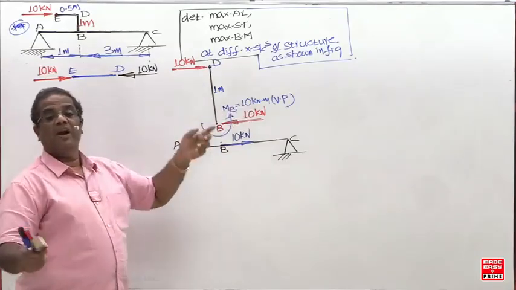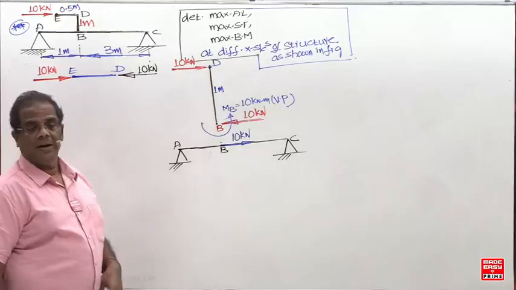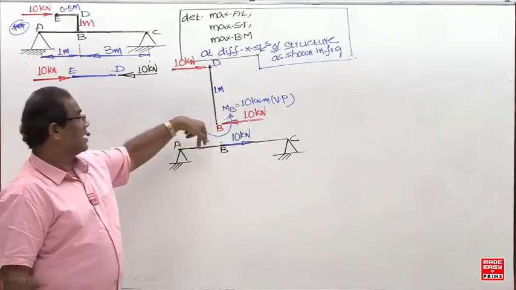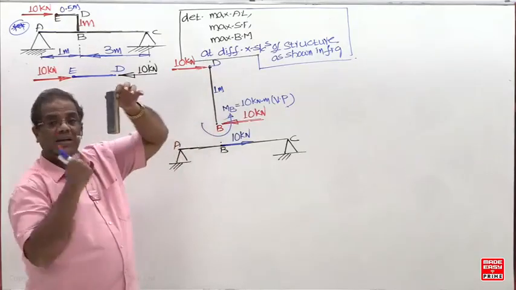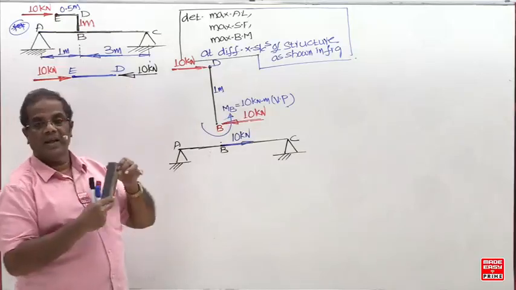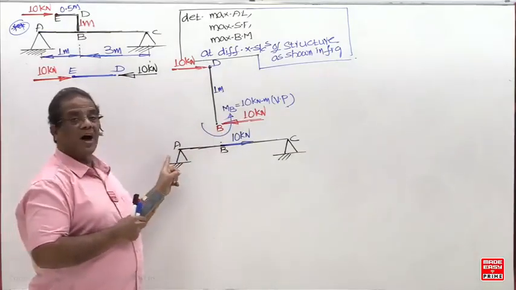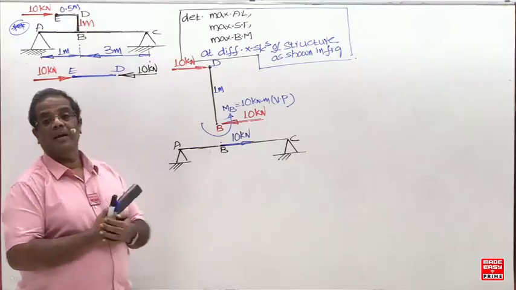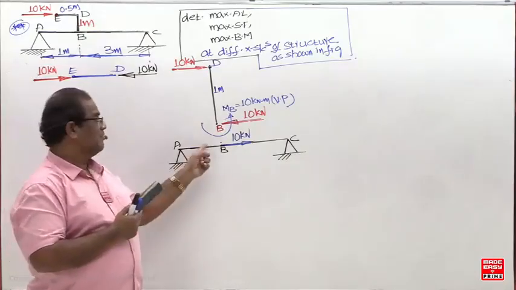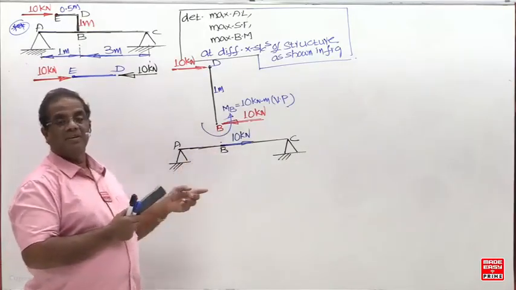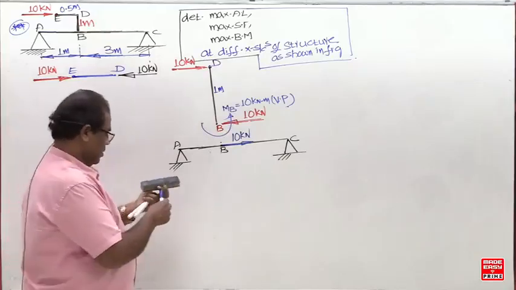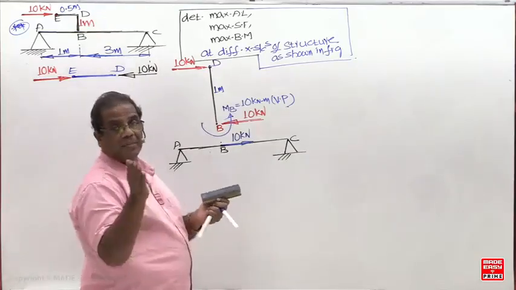Every bending couple will not become a bending couple for the other member. For a vertical member, the twisting couple is in the horizontal plane; the remaining two are bending couples. So this in vertical plane means here also vertical plane. For a horizontal member, the twisting couple is in the profile plane. But this couple is in which plane now? Vertical. Therefore it becomes bending only. Starting, you were given the differences between bending and twisting.